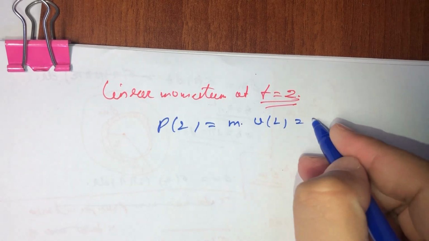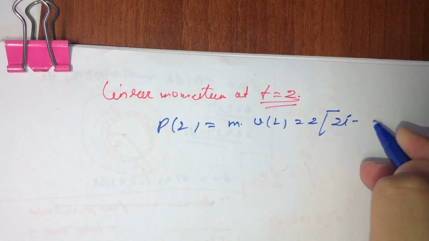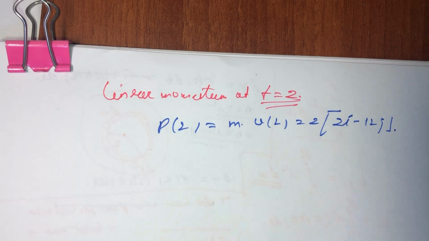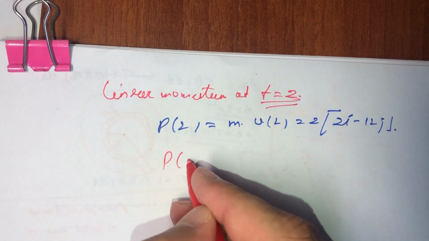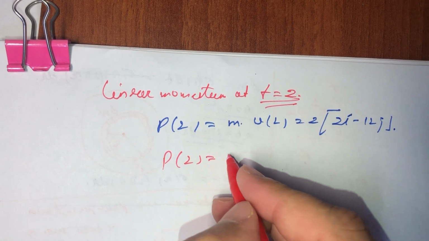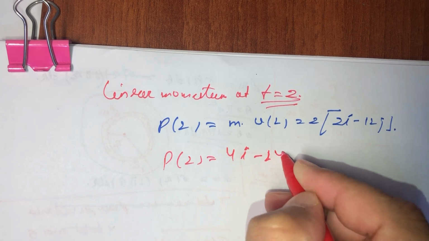Mass is given as 2 and velocity at 2, we calculated, is 2i minus 12j. So we get momentum at t equal to 2 as 4i minus 24j.